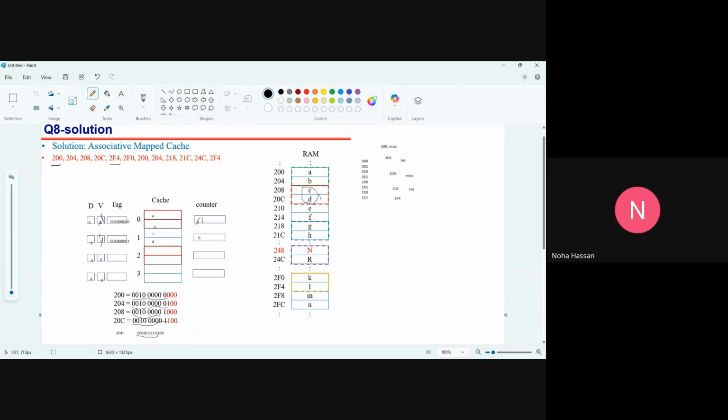So if we look into the available addresses, I will not find it. 2F4, I will not find it. So this is what? This is a miss.